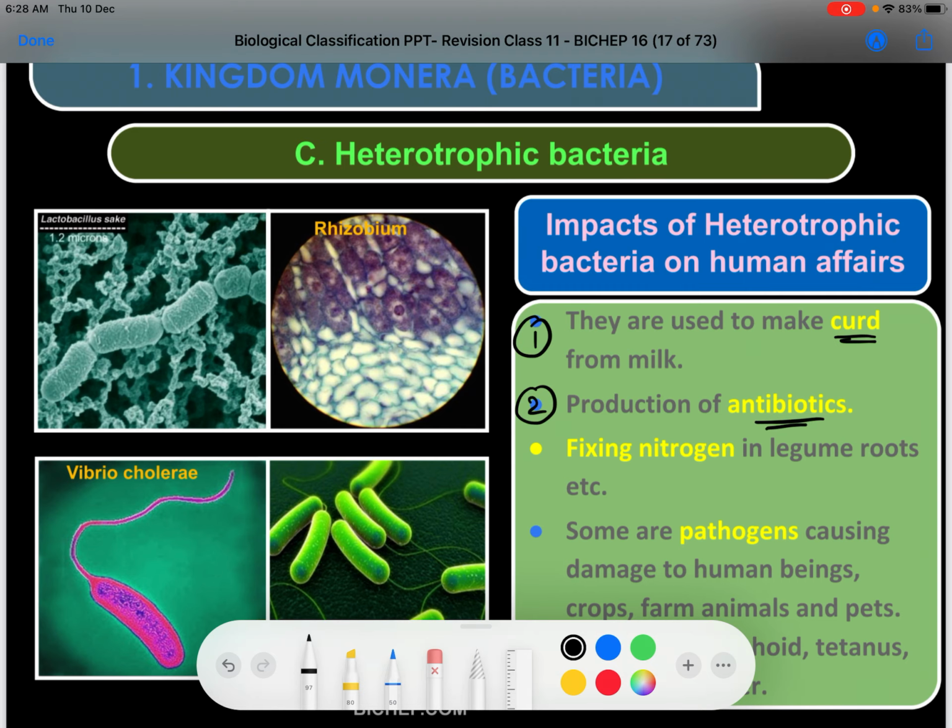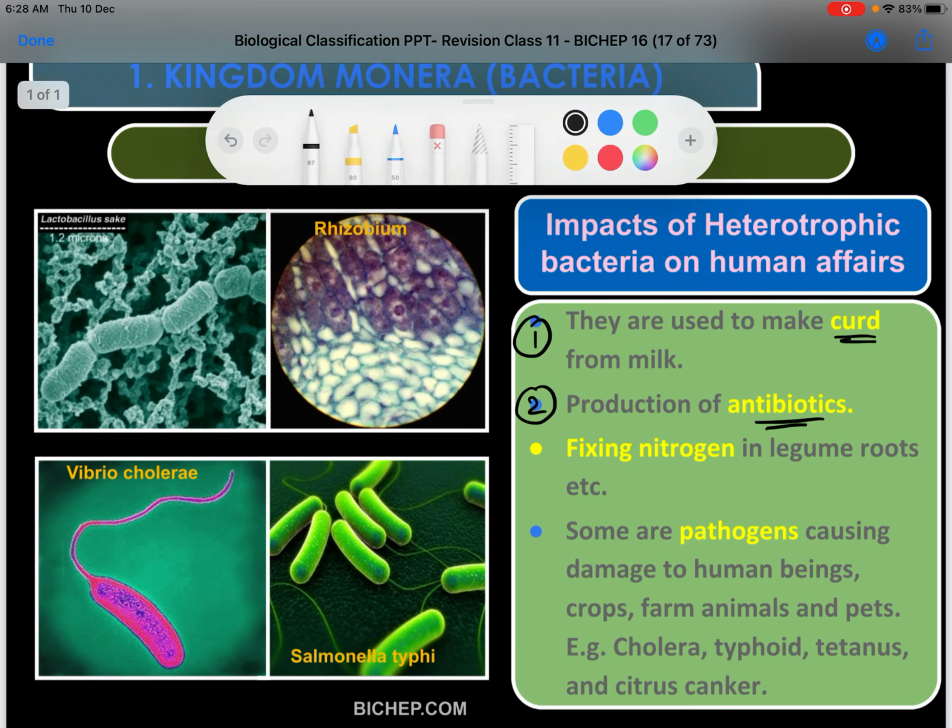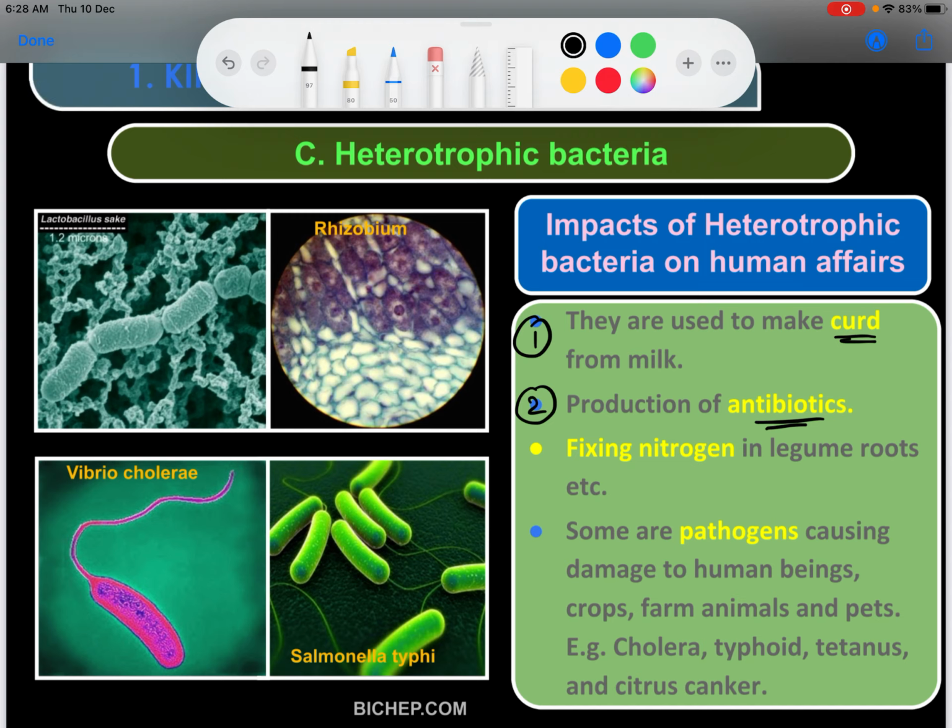We produce so many different types of antibiotics with the help of the bacteria. These are the drugs we use to cure or recover from bacterial infections. Three, we also take benefit of fixing nitrogen from leguminous roots. Leguminous are the types of plants, legumes, which produce the pulses.